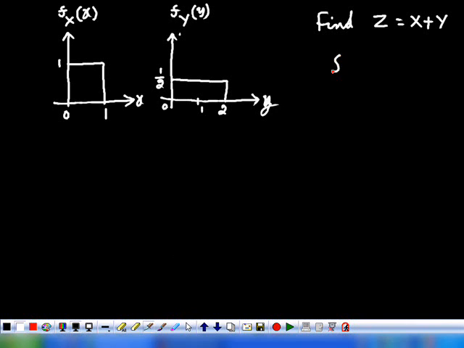So how do you do it? We already know that fz of z is equivalent to fx of x convolution with fy of y.